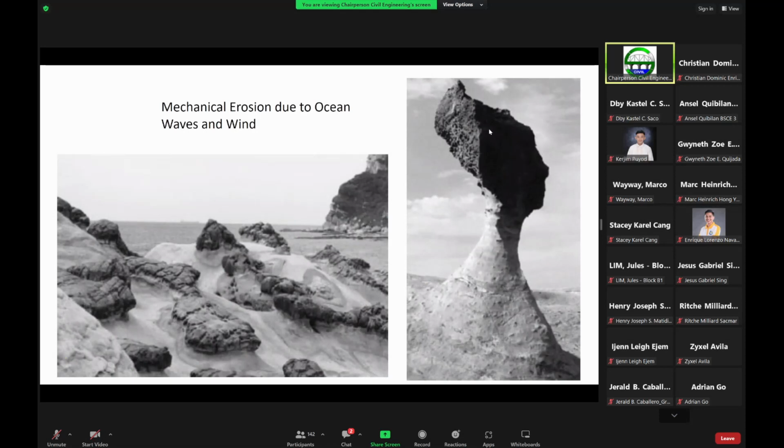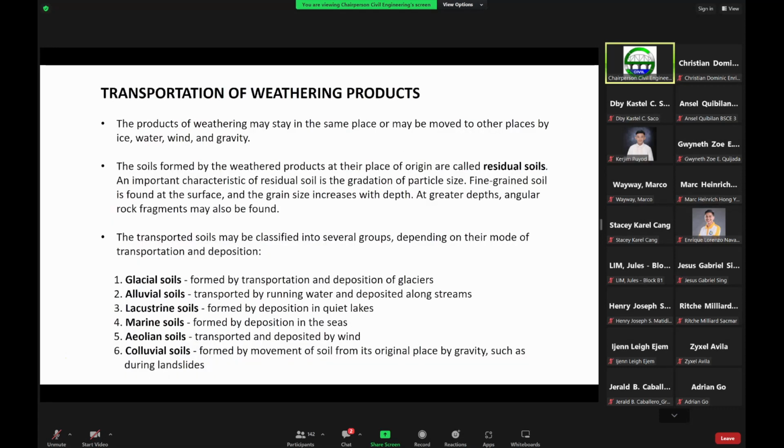If you look at this rock, it looks like a person, like a fairy. But that's basically caused by mechanical weathering processes. You can imagine from this rock, the salt particles being disintegrated slowly over time. That happens basically in thousands of years.